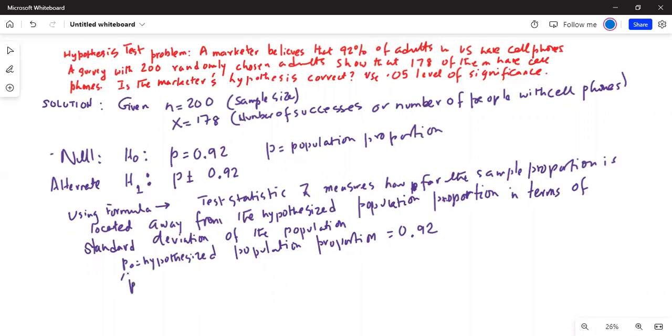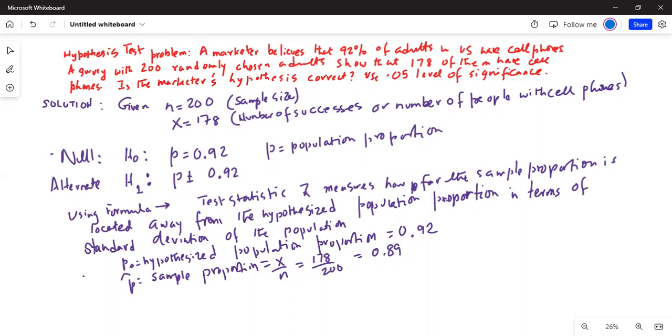My p hat, which is the sample proportion, is x over n. X is number of people with cell phone in the survey divided by 200. And that is equal to 0.89, right? 178 divided by 200 is 0.89.